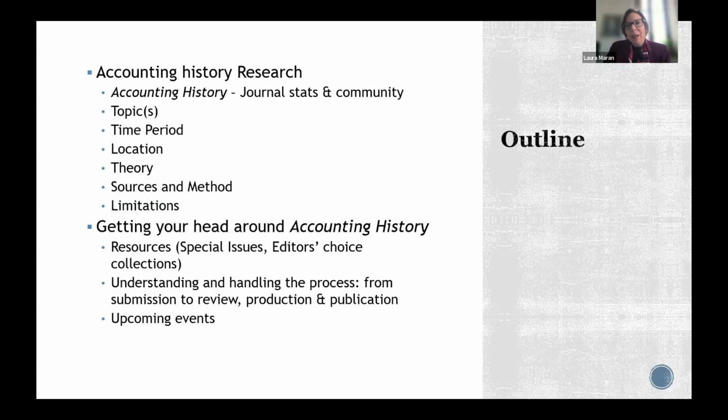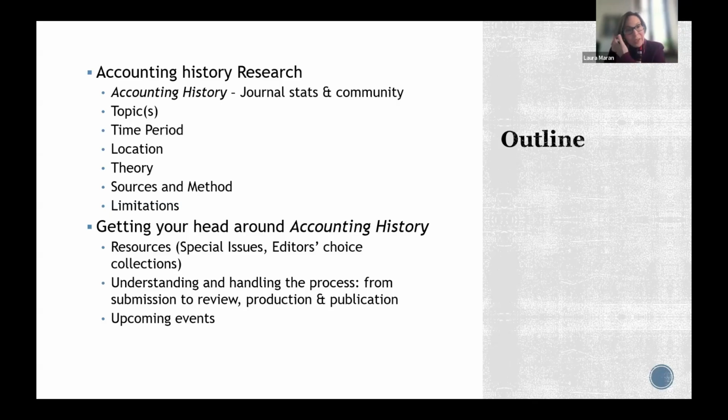This means that once we have a topic in accounting history, we need first of all to get acquainted with the journal, its aim and scope, and its main stats, in order to address our research in the best way and give it the best chances of publication, since there is still the mantra publish or perish.